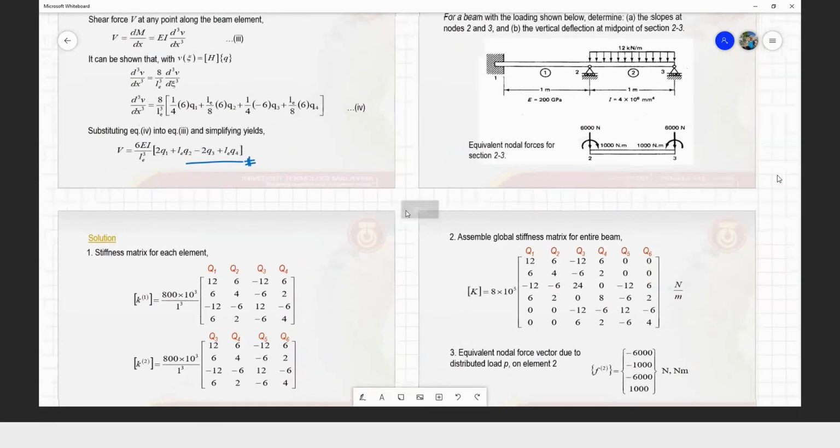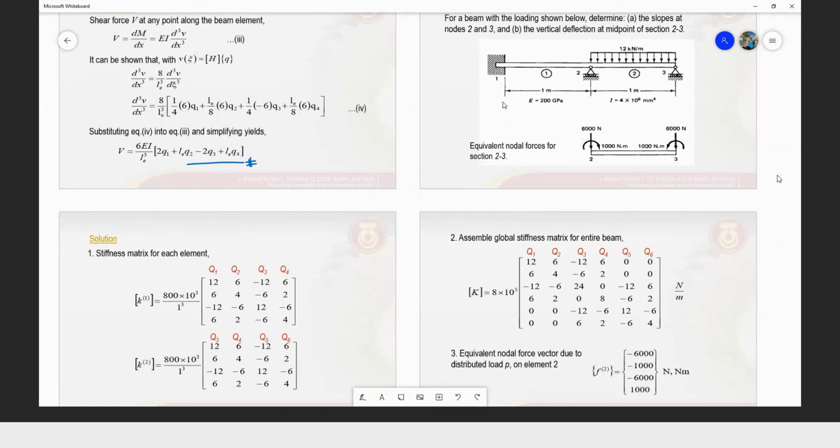If we look at our problem at node number 1, it is clamped there. So we know that at this particular point, there will be no vertical displacement and there will be no rotation at this particular point.